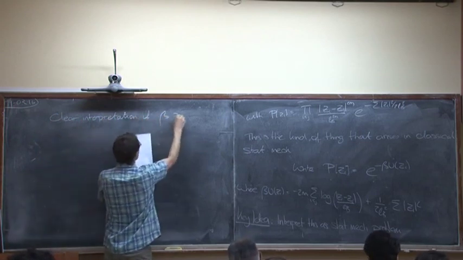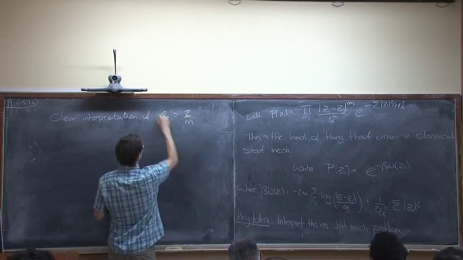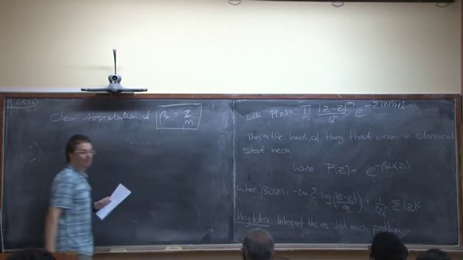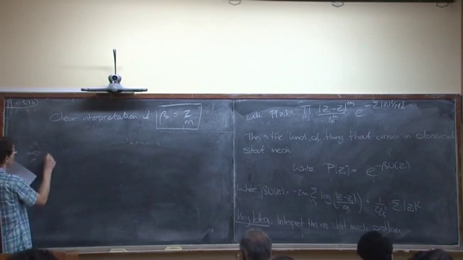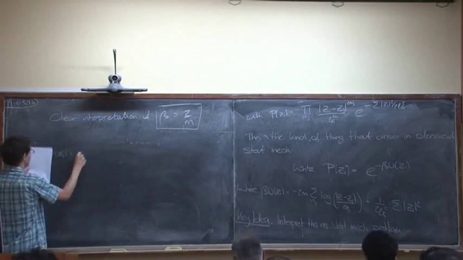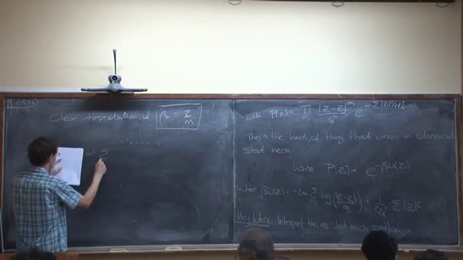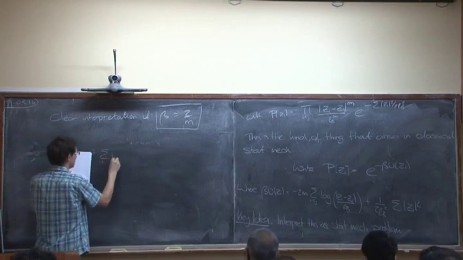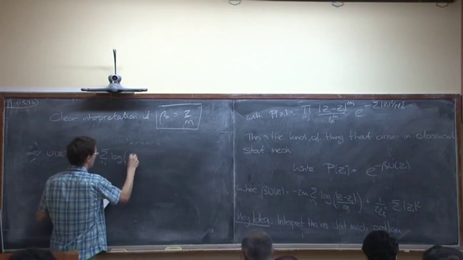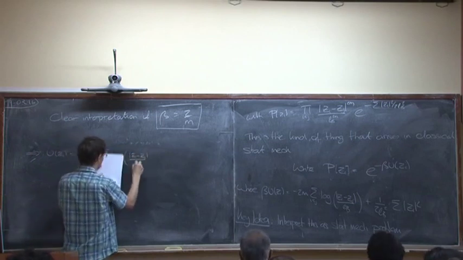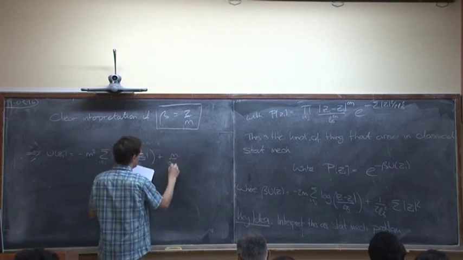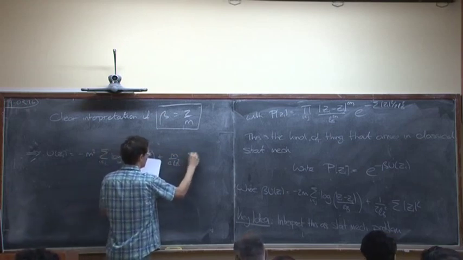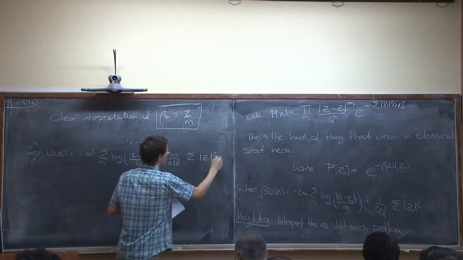If beta takes the value 2 over m, this potential is this.